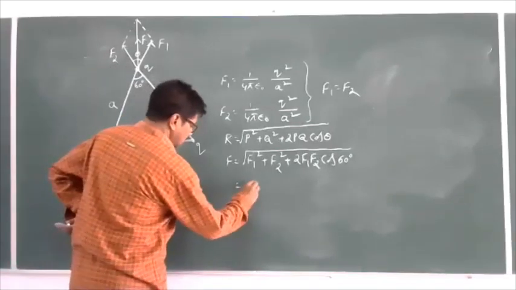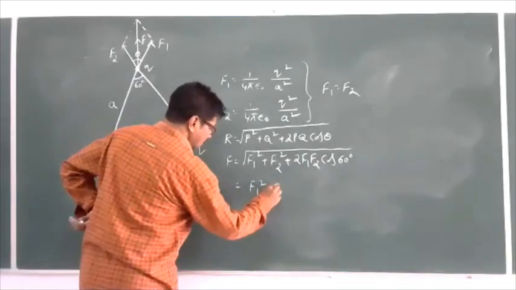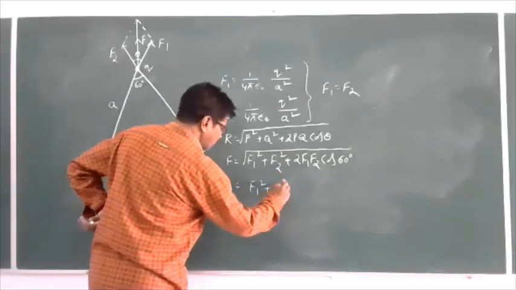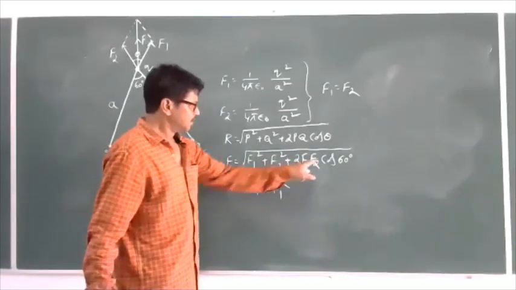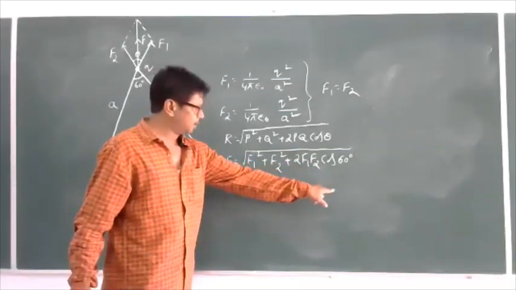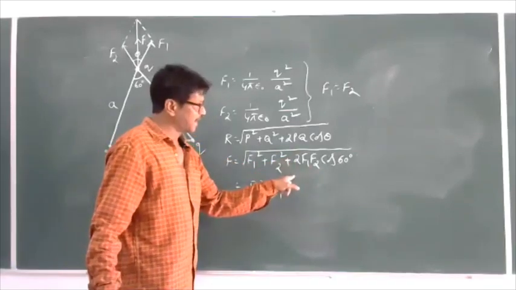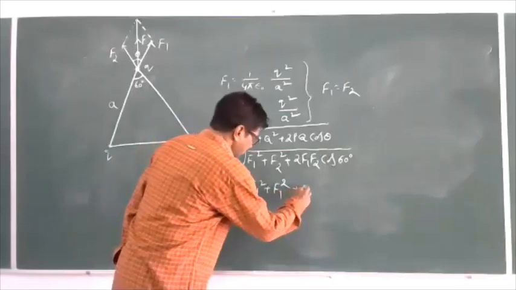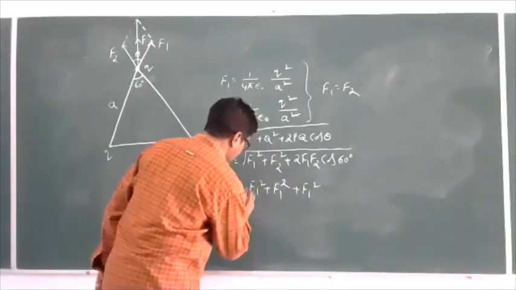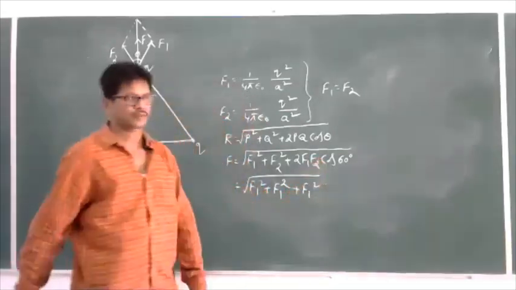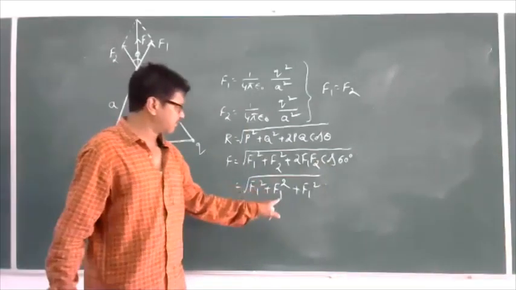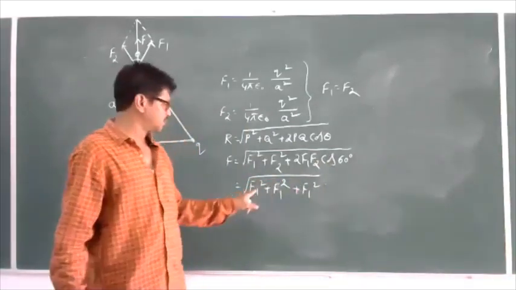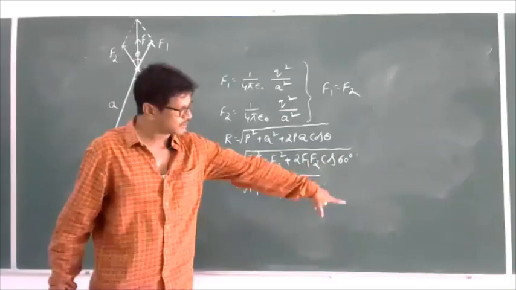Now, F1 square, F2 is also F1 only. F1 square cos 60 is 1 by 2. This 2 and 2 get cancelled. Now F1 into F1. Under root, F1 square plus F1 square plus F1 square, which is equal to 3 F1 square.